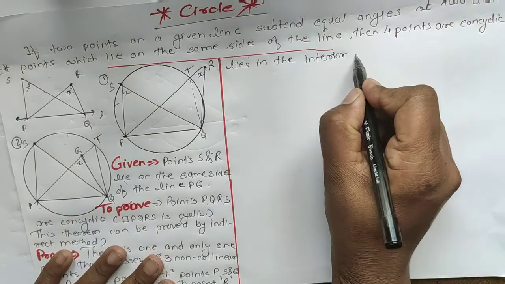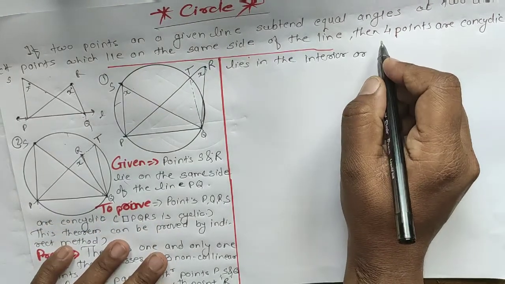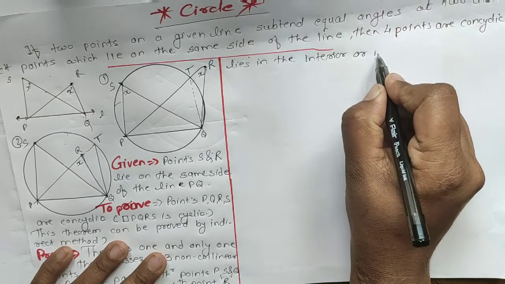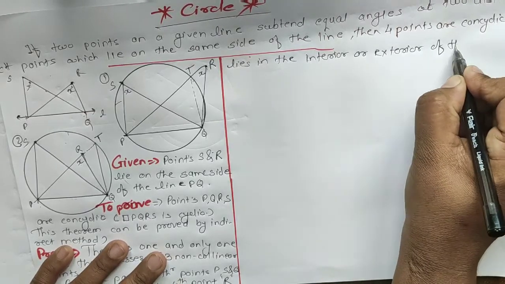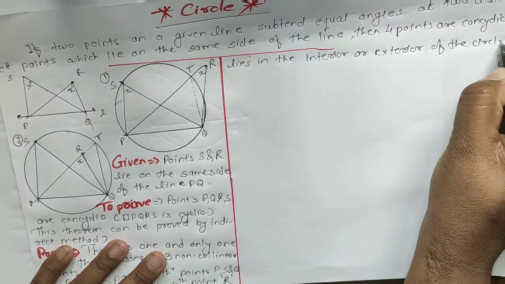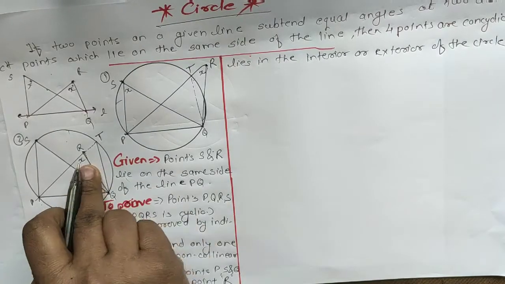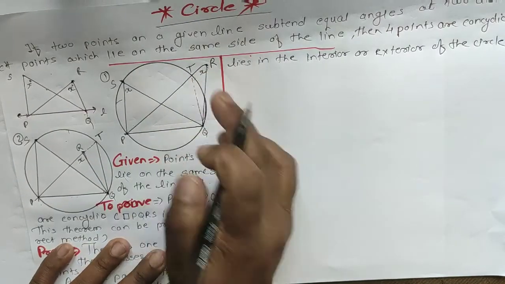I have shown you here this point is interior of the circle and here it is exterior of the circle.